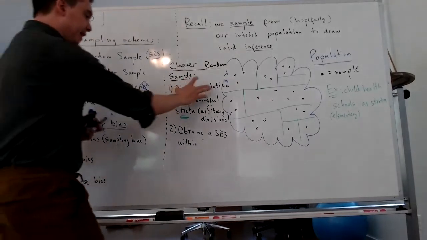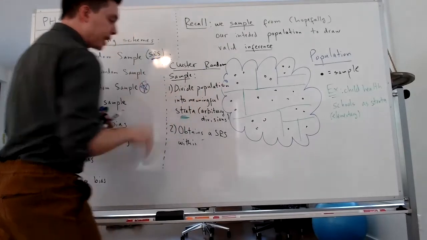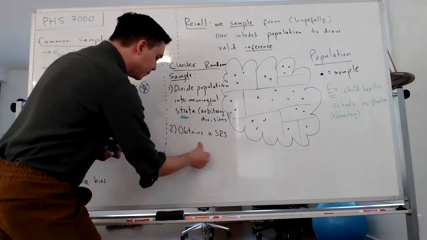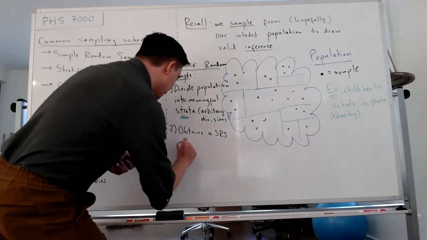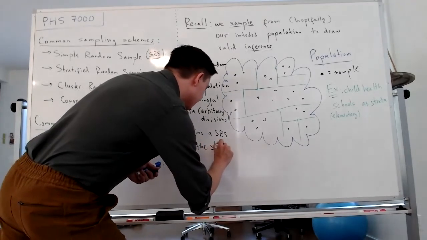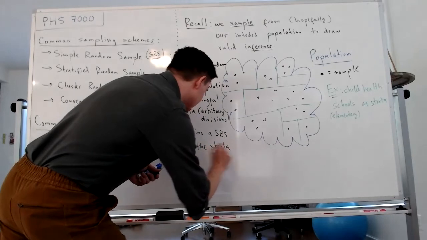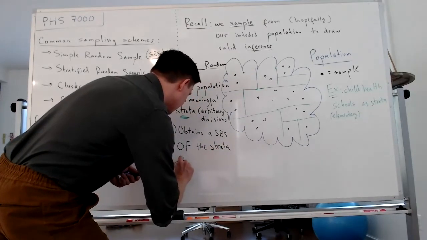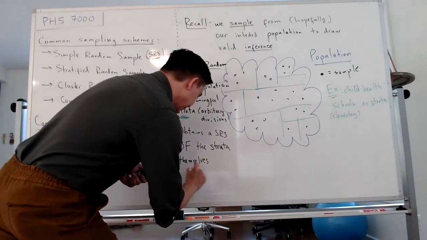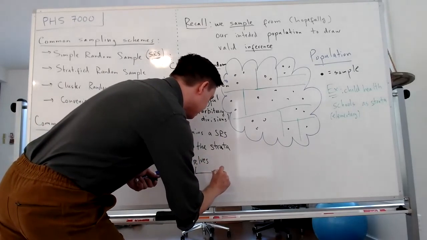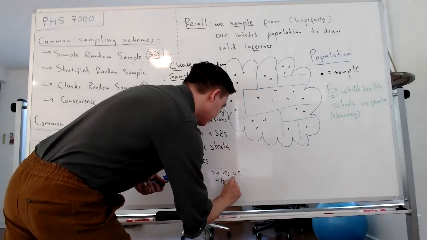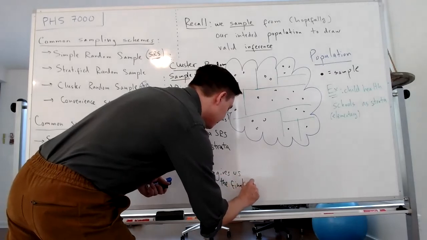I'll still divide my population into meaningful strata, arbitrary divisions. And now I obtain a simple random sample of the strata themselves. And this gives us the final sample.